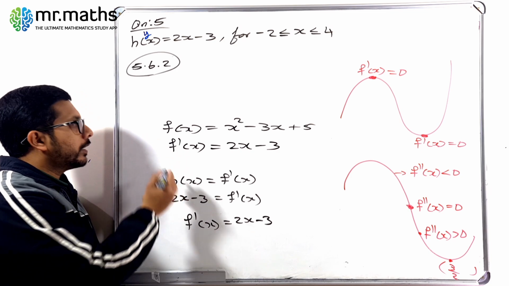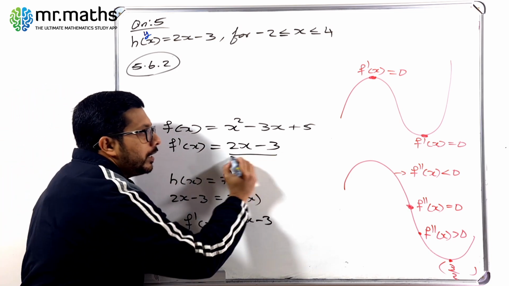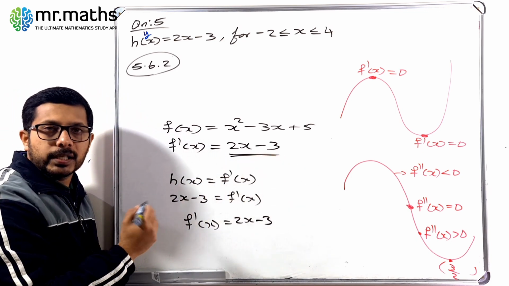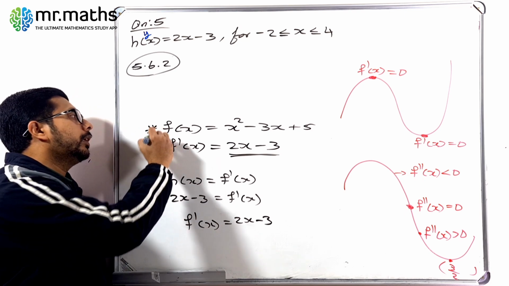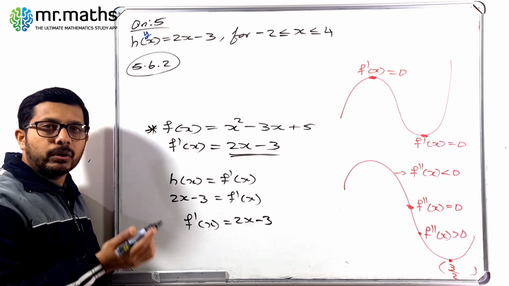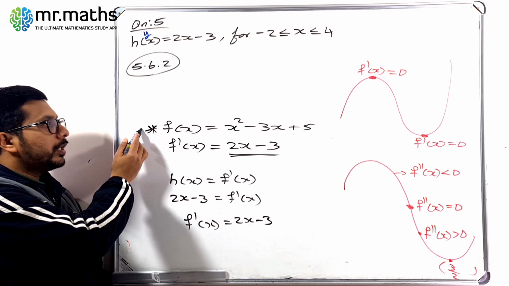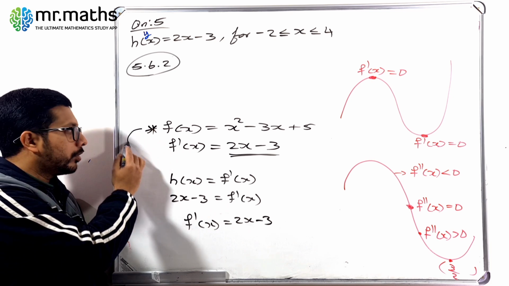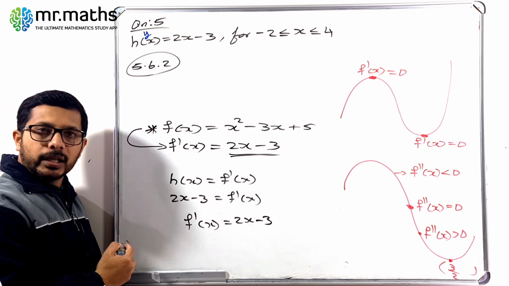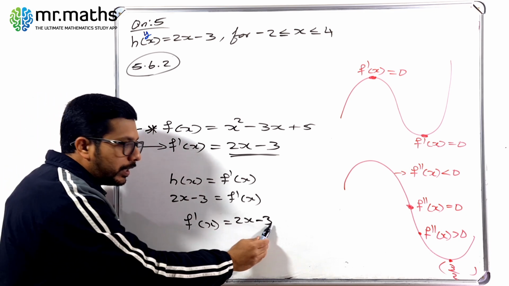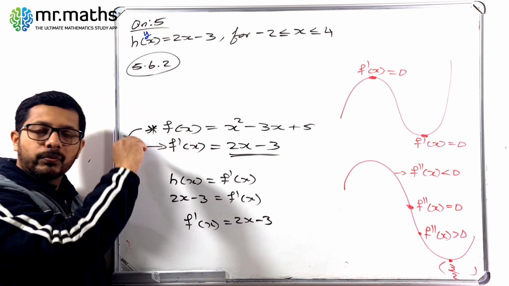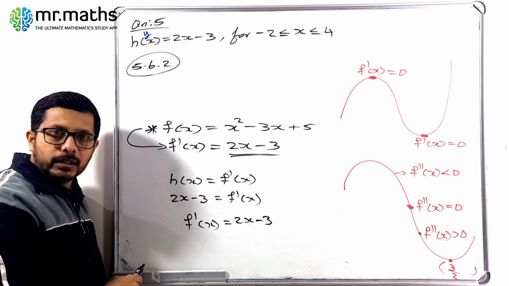So to get a linear function as the first derivative, the original function is going to be a quadratic function. If you differentiate a quadratic function, you get a linear function. Here f dash of x is a linear function, so f of x is a quadratic function.